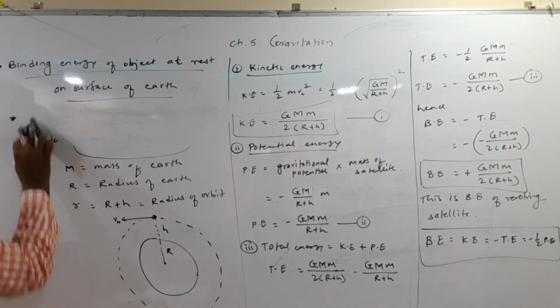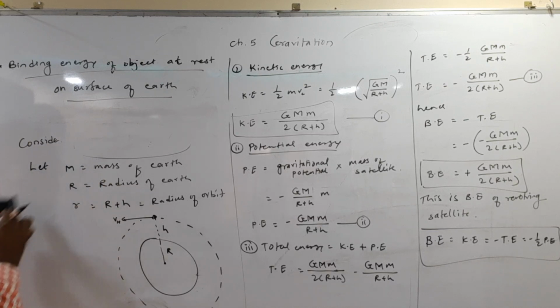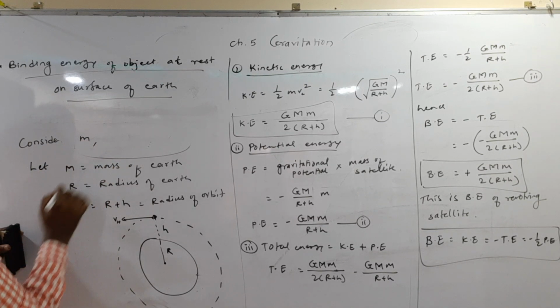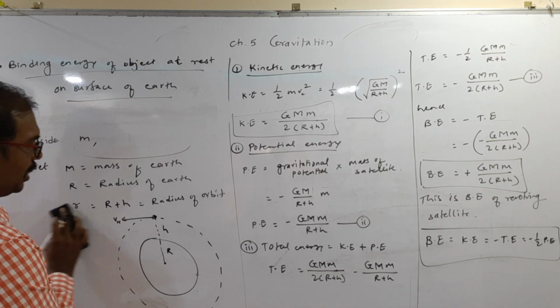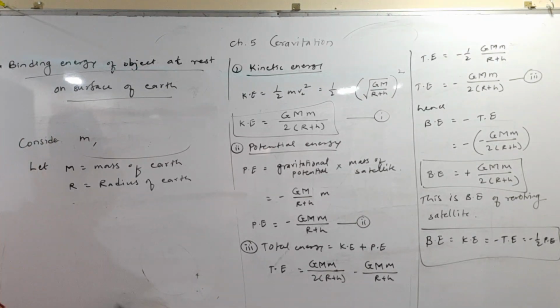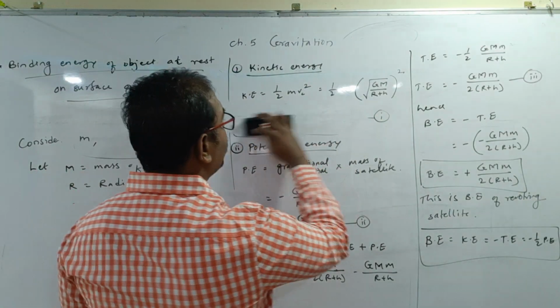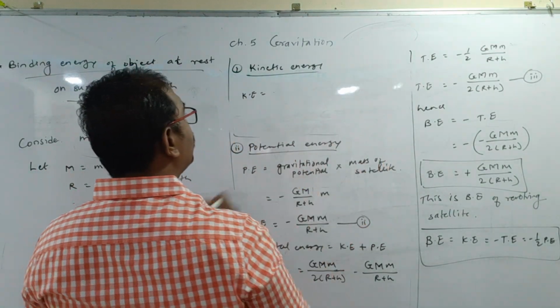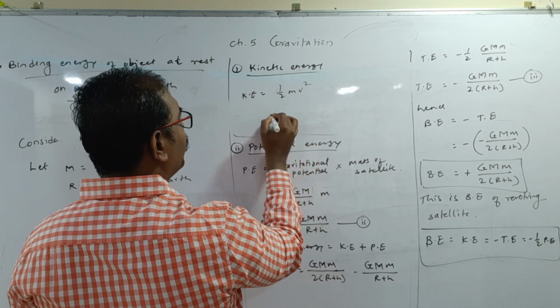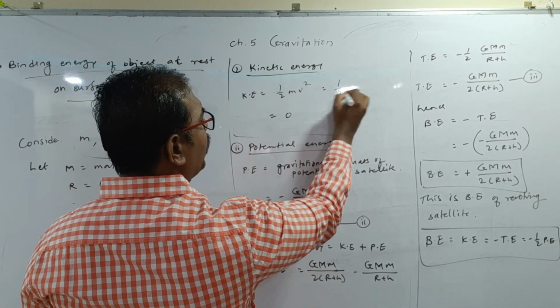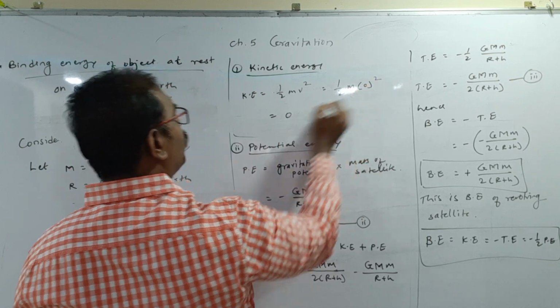Now consider object of mass m is placed on surface of earth. Then mass of earth capital M, radius of earth capital R. So this is not coming. Then kinetic energy. As the object is at rest, kinetic energy is half mv square. So v is 0, so it is coming 0, or we can write here 1 by 2 m 0 square. So it is coming 0.